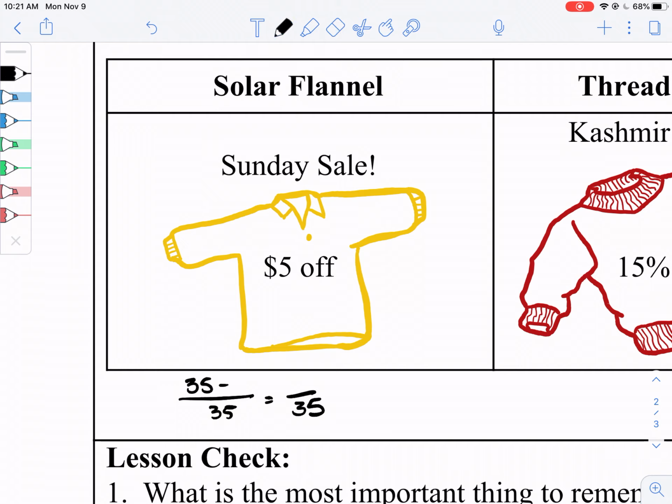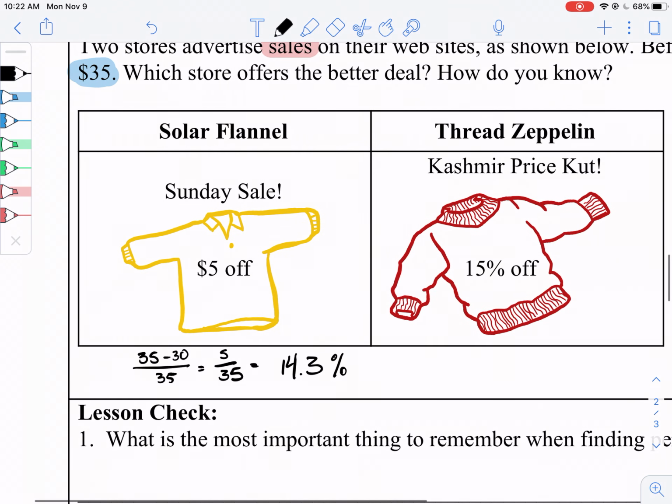We took our original amount and our new price, which is now 30 because that's $5 off. There's our change. Or straight up, if you said, hey, this is $5 off, so that's a $5 change, that's totally fine. We'll allow it. Anyway, this will come out to 14.3% change.